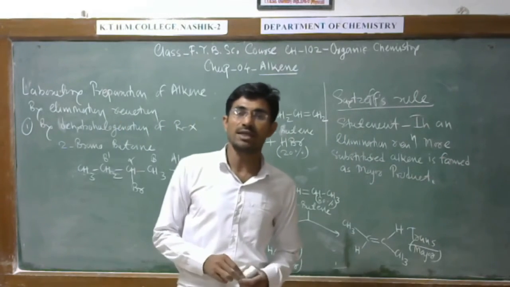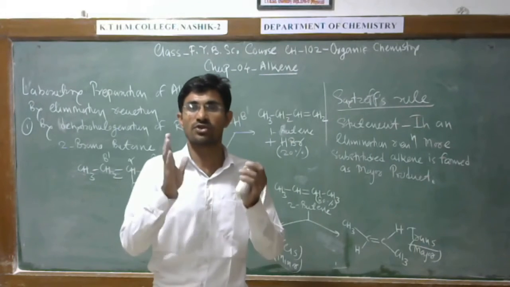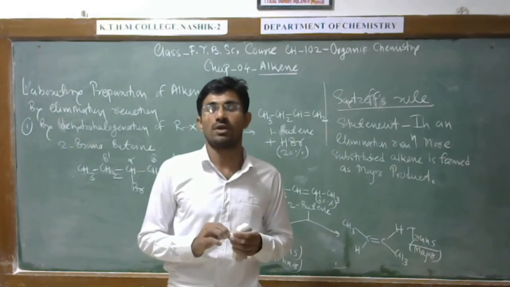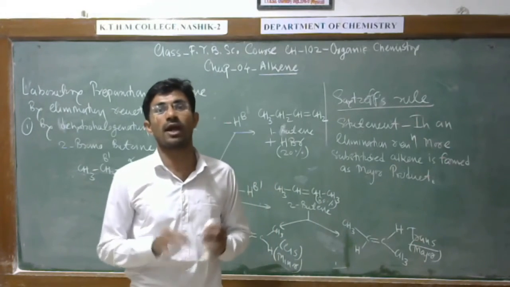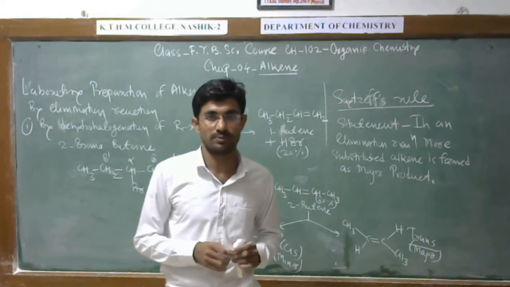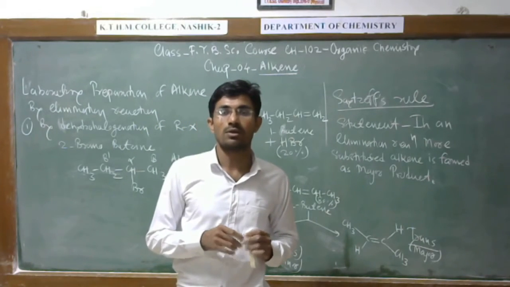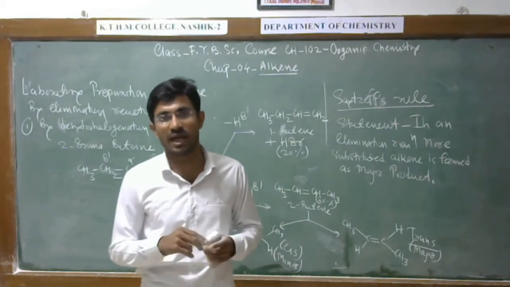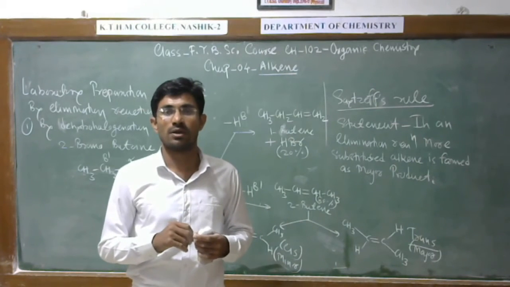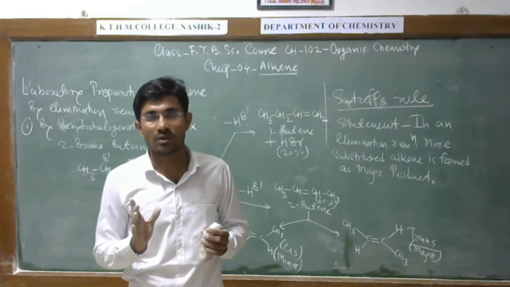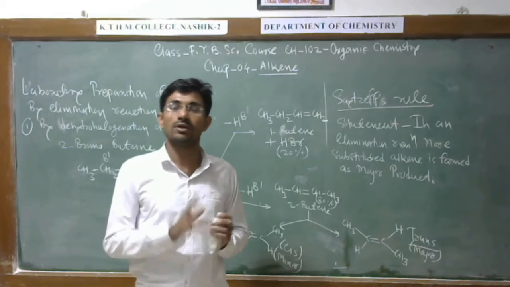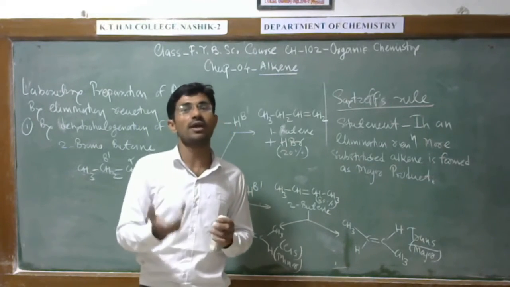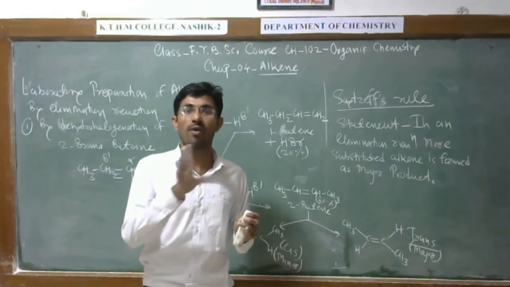In an elimination reaction, the more substituted alkene is formed as the major product according to Saytzeff's rule. So 2-bromobutane undergoes elimination reaction, and according to that, 2-butene is formed as the major while 1-butene is formed as the minor.